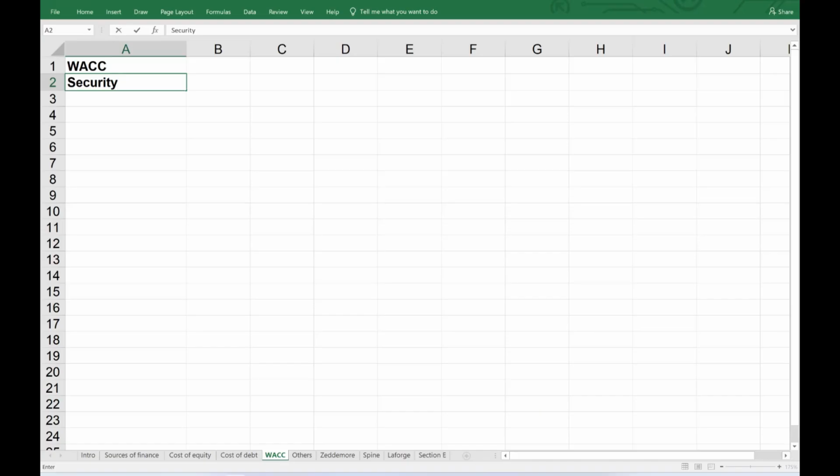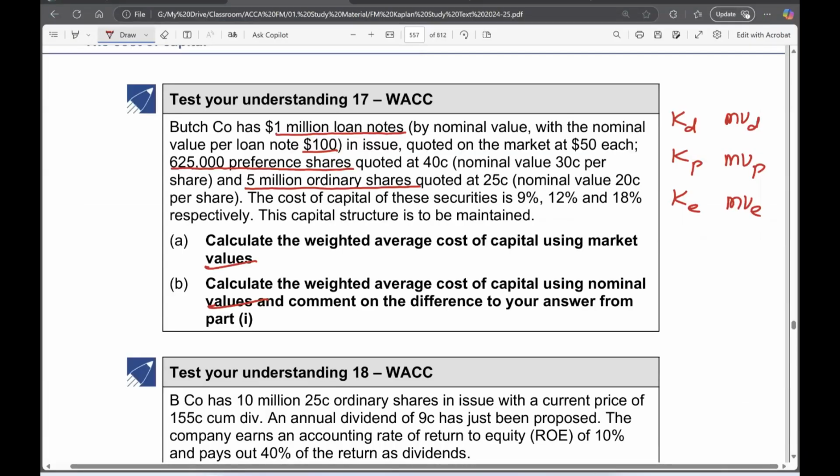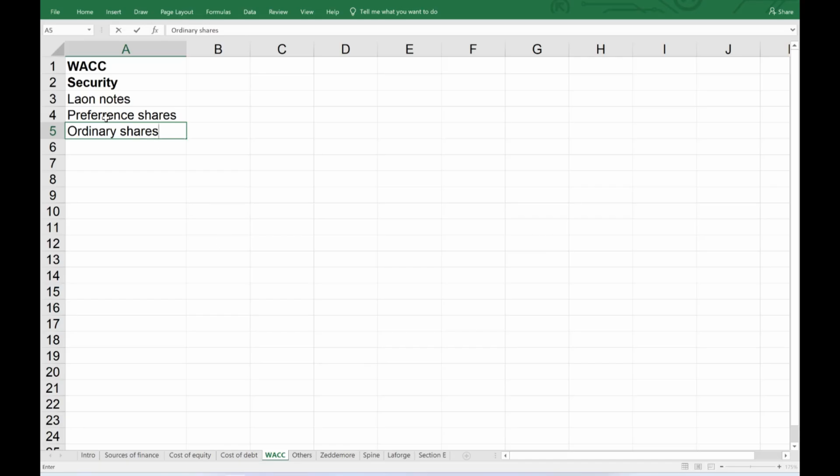Okay, so keep in mind we have three types of securities: loan notes, preference shares, and ordinary shares.